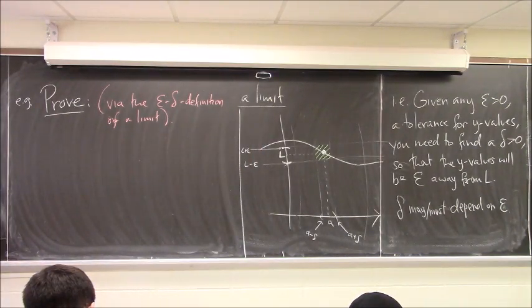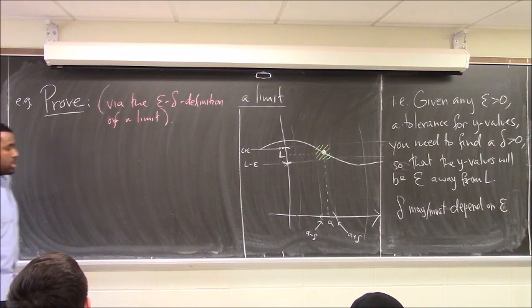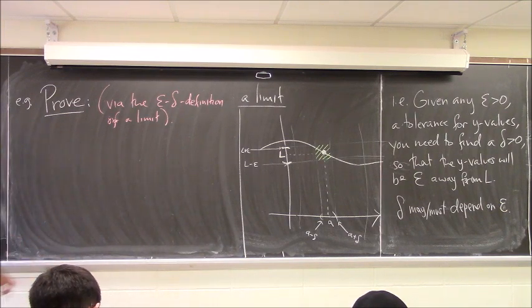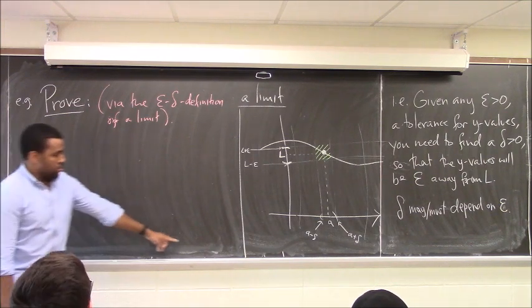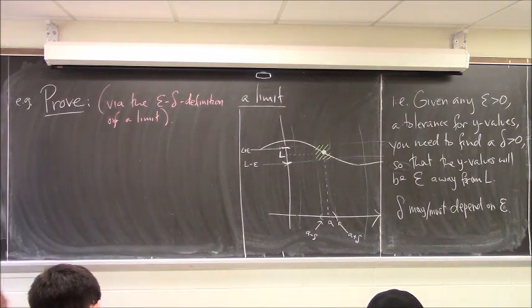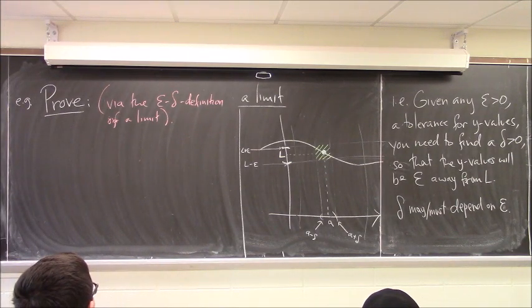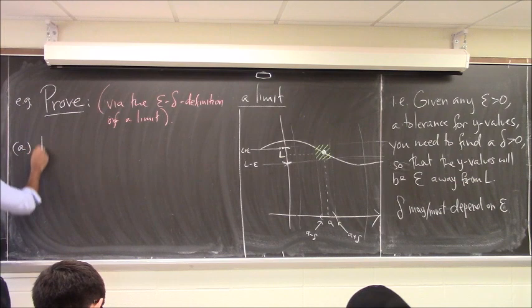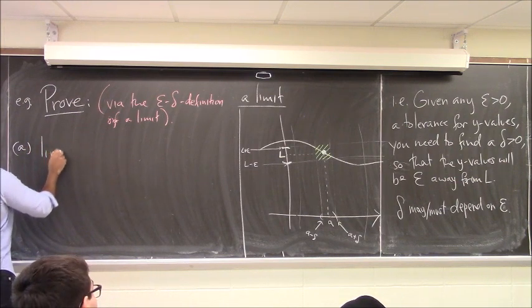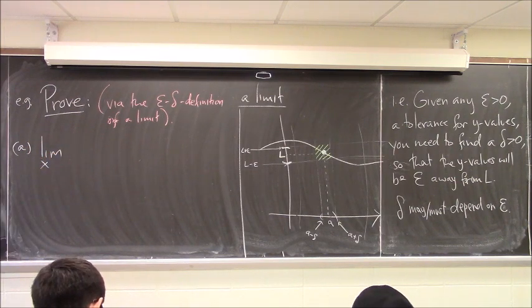For every epsilon greater than 0, there exists a delta greater than 0 such that if the absolute value of x minus a is less than delta, then the absolute value of f of x minus L will be less than epsilon, because we're doing a distance.